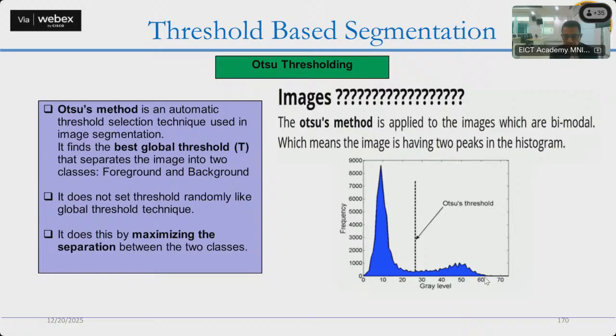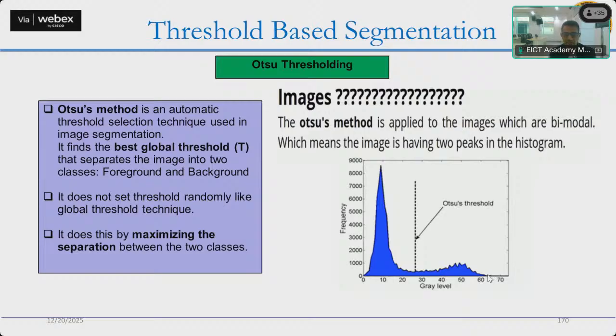Please note it here. Bit is basically about the highest number. What is the highest gray level here? 70 is actually the highest one, but here it is 64.